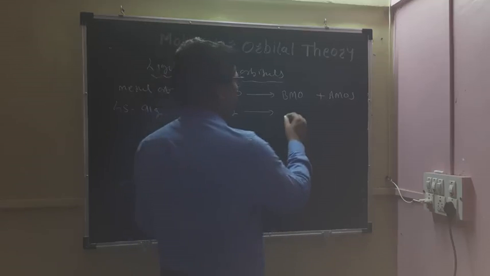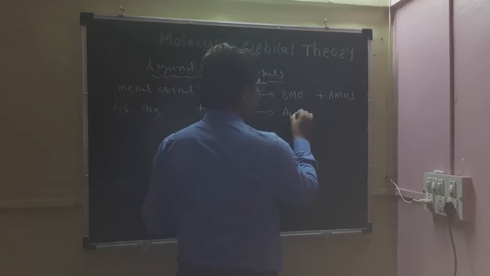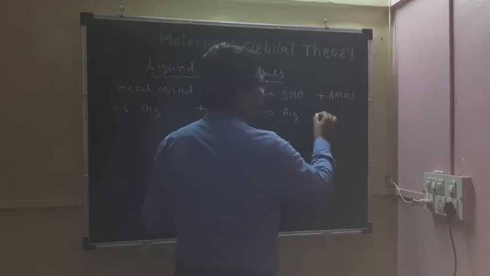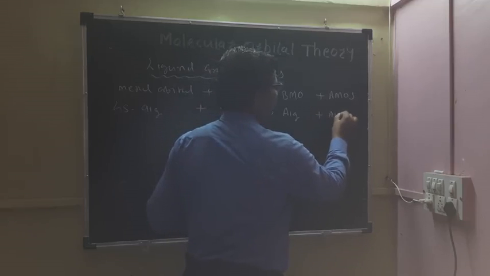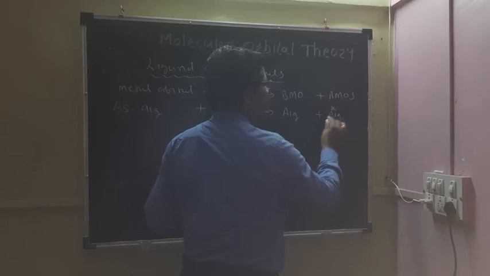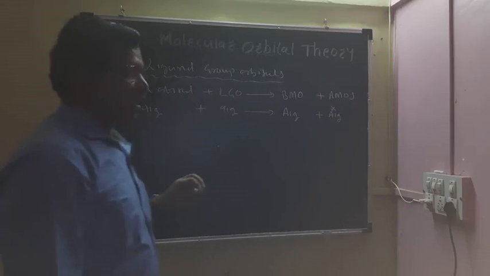to form the bonding molecular orbital a1g and the anti-bonding a1g star. Star means anti-bonding.